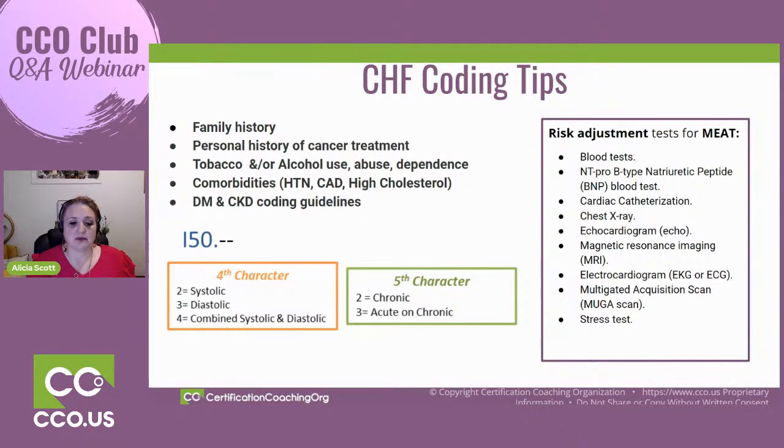Comorbidities. The three major ones that most people talk about are hypertension, CAD, and high cholesterol. If your patient has diabetes and CKD, one or the other, or both, there are specific coding guidelines surrounding that and CHF.